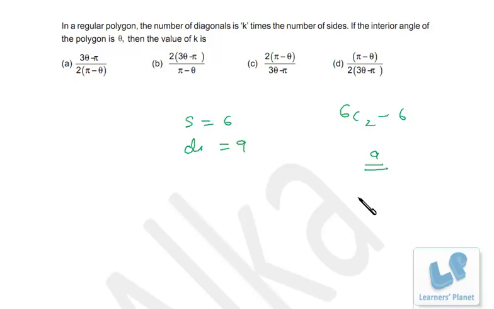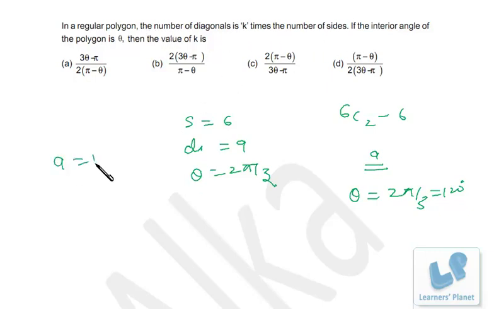Interior angle of a hexagon is 120 degrees. So θ will be what? 2π by 3. π by 3 is what? 180 by 3, that's 60, into 2, 120 degrees, right? So θ is 2π by 3. Now according to the question, the number of diagonals is k times the number of sides.